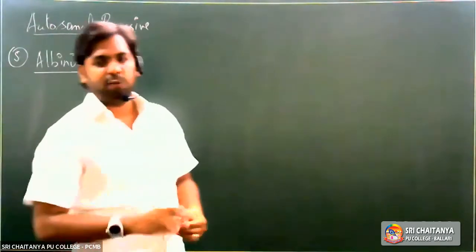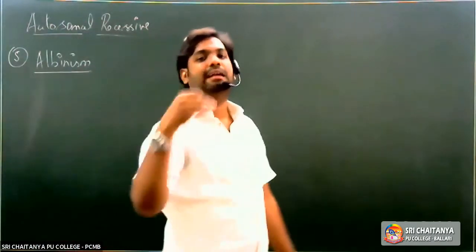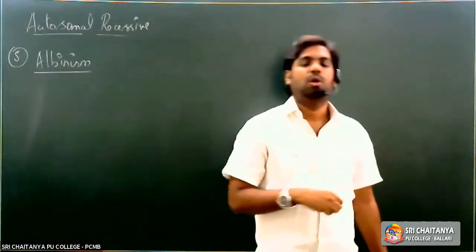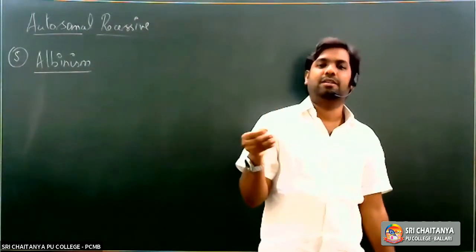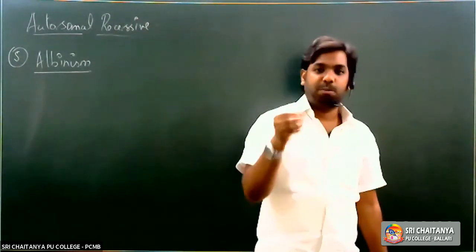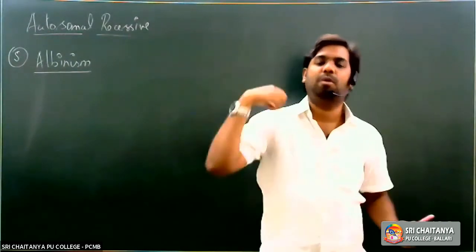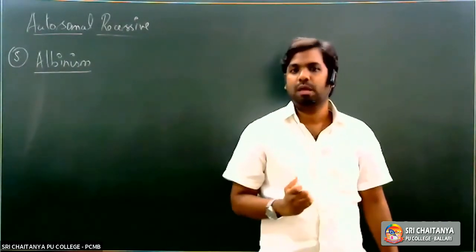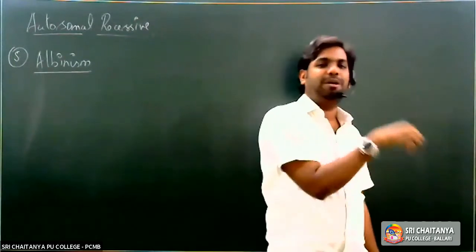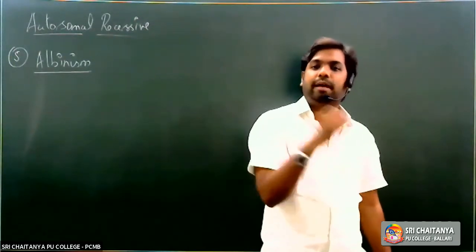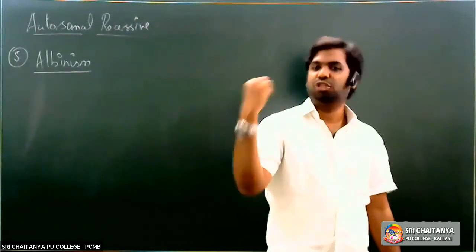If you could recollect, when we were talking about skin color inheritance with regards to polygenic inheritance, we said that if all the 6 alleles are dominant, the maximum amount of melanin is produced. If all the alleles are recessive, what did we say? There is no melanin secretion at all.